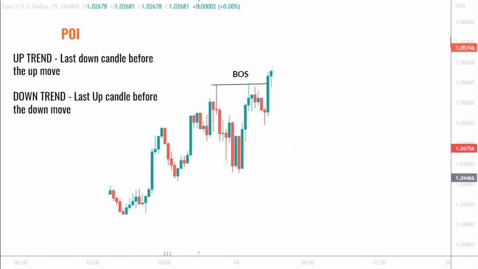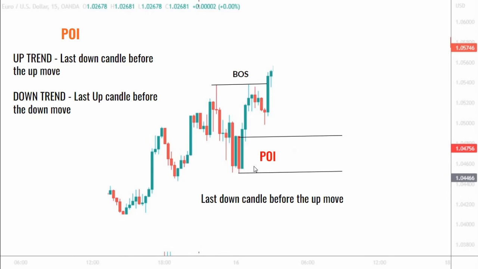Now, I mentioned that in an uptrend, your POI will be the last down candle or the last red candle before the up move. So now if you can see, this will be the up move that made the break of structure. So the last red candle before the up move that made the break of structure will be considered as your POI. So that is the last down candle before the up move.